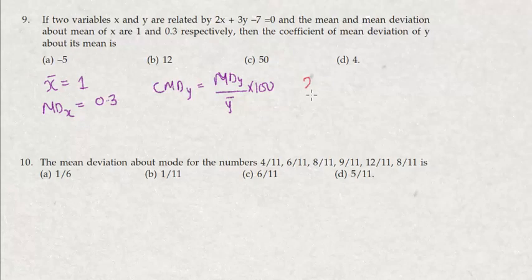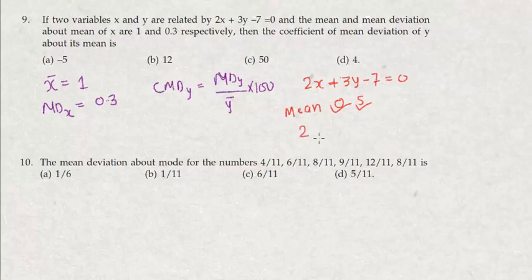So our equation here is 2x plus 3y minus 7 is equal to 0. Now we know that mean is affected by change in origin also and change in scale also. So we will not do any modification in the equation and we just fill the value of mean into this equation and we'll get the value of mean of y, or say y bar.